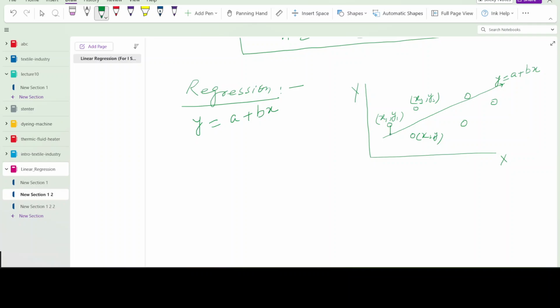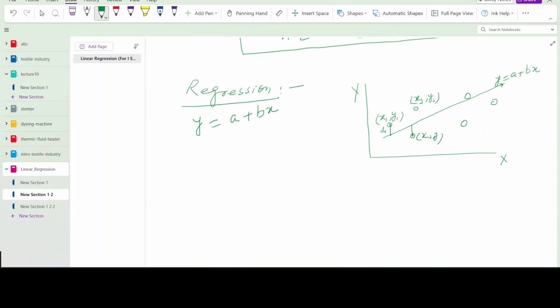Here we saw the error. This is the observed point, and this point is on the best fit line, and this vertical distance is d1.